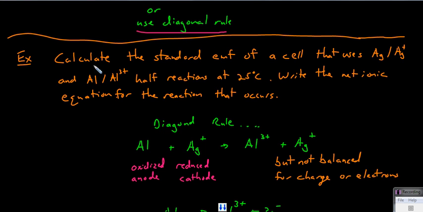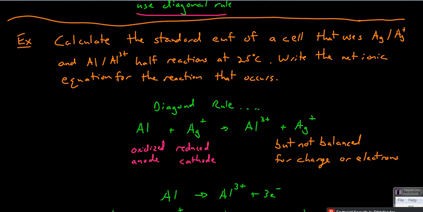All right, so another question we have is, go ahead and calculate the standard EMF of a cell that uses silver and aluminum half reactions at 25 degrees Celsius, and then write the net ionic equation for the reaction that occurs. Okay, so we need to calculate the standard EMF.